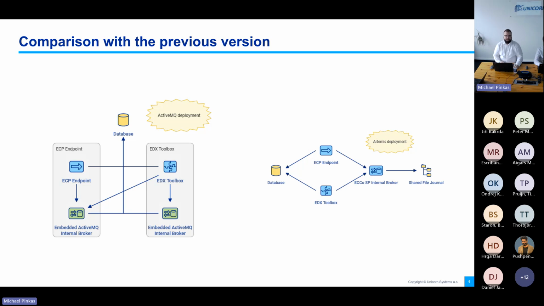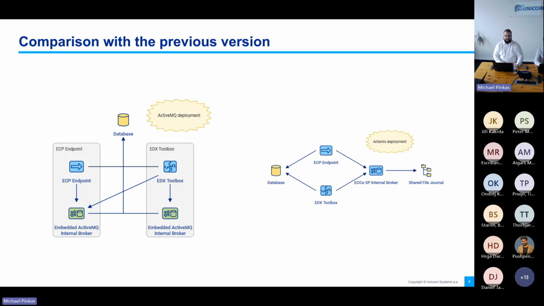Since the spring release, where the Artemis was introduced, that's the second picture on the right side, the internal broker was actually moved out of the application, so right now it's a separate instance. This deployment has some advantages: you can share one internal broker with both ECP endpoint and EDX toolbox.